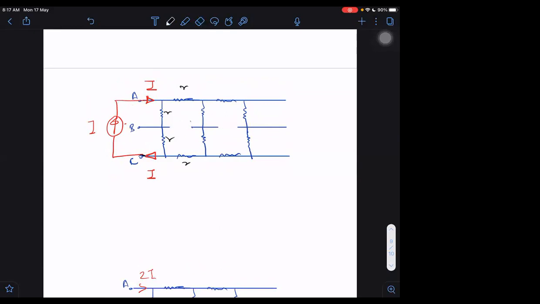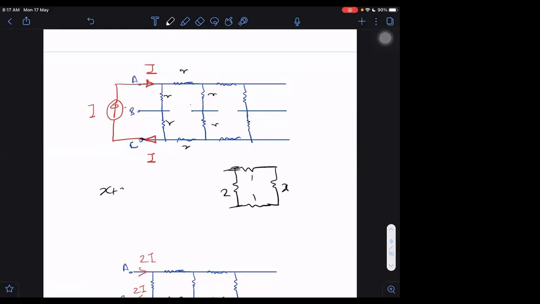If I remove this middle one, then we are getting 2, 1, 1 and x again. So x plus 2, in parallel with 2, is equal to x again.